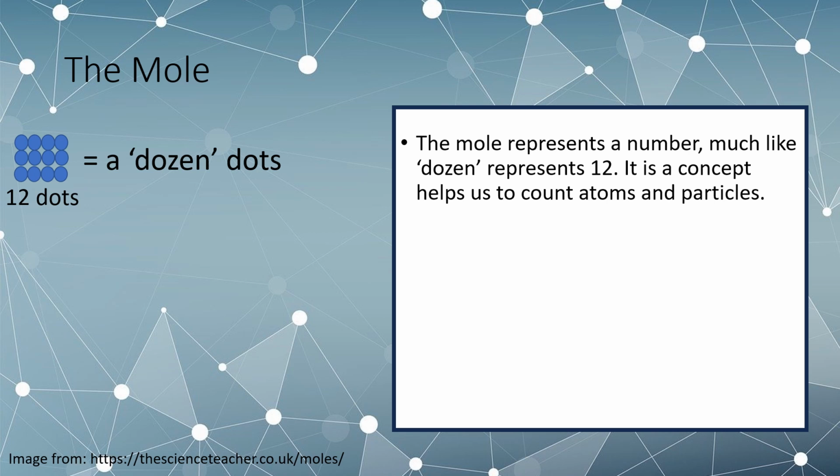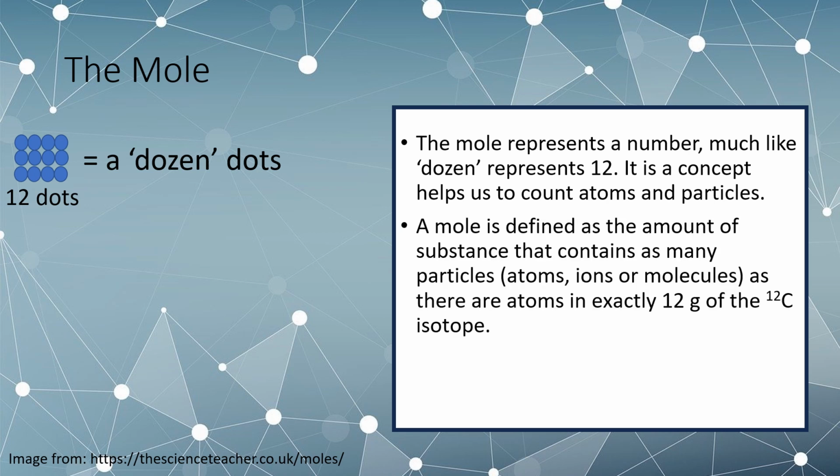So, much like in our example where a dozen is 12, a mole is defined as the amount of substance that contains as many particles, whether they are atoms, ions, or molecules, as there are atoms in exactly 12 grams of the carbon-12 isotope. That means it is all based around the mass of that carbon-12 isotope.